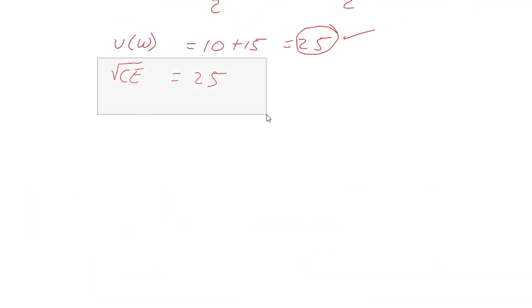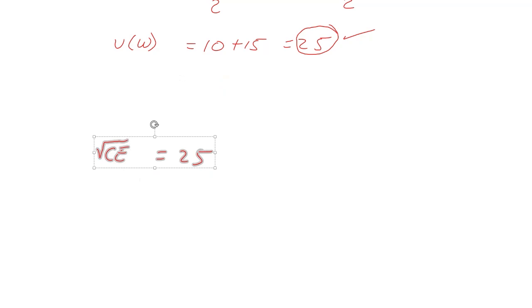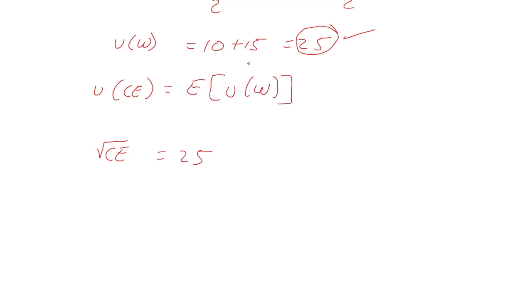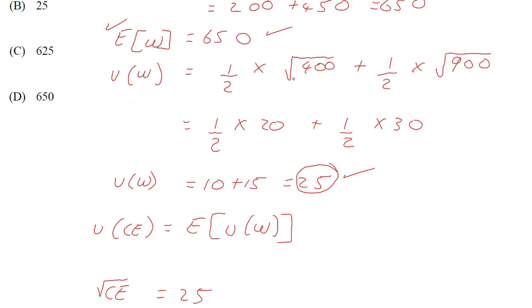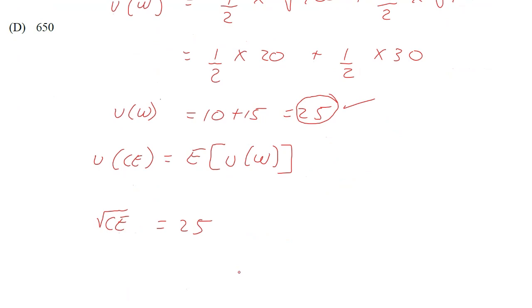What we have is a formula that says that the utility of certainty equivalence is equal to the expected utility of wealth. Where it is either outcome, anything can happen. Now, what is the expected utility of wealth? Expected means we want to quantify it in terms of money.